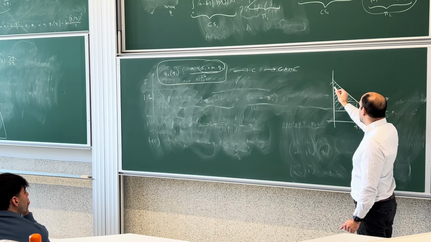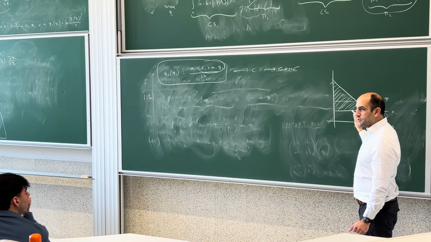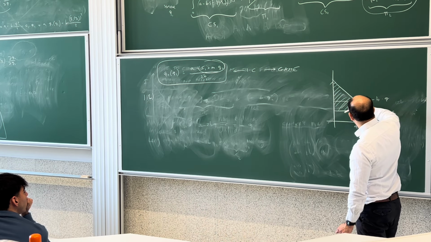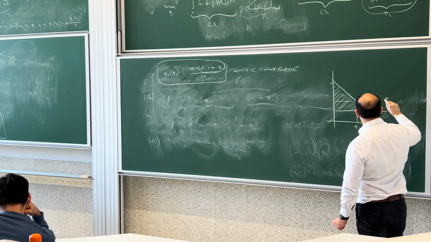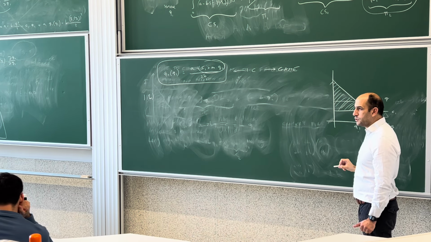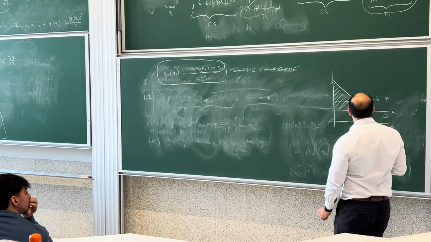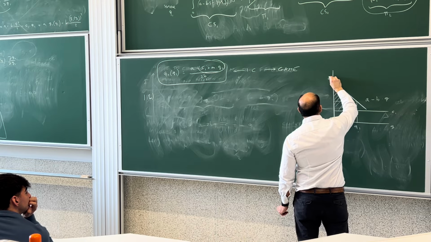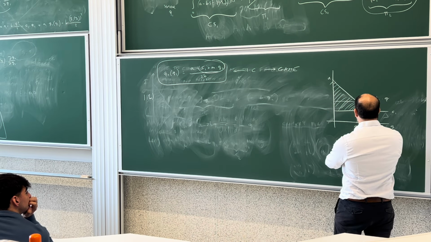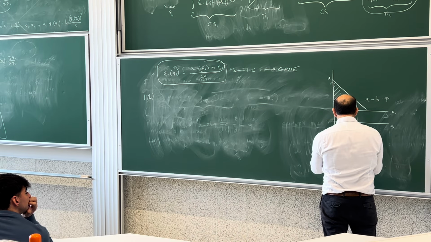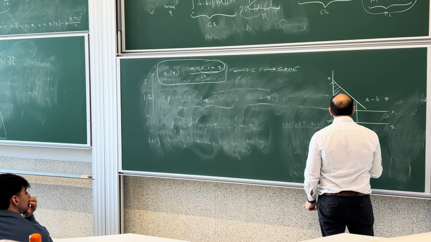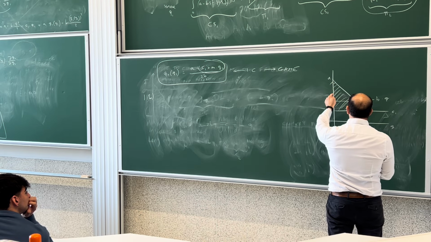Okay, let's do the triangle first. The triangle has height equal to B times Q1, or Q1 over B. The height of this is what? This is A, this is Q1, the base is Q1, and then how much does it fall here?